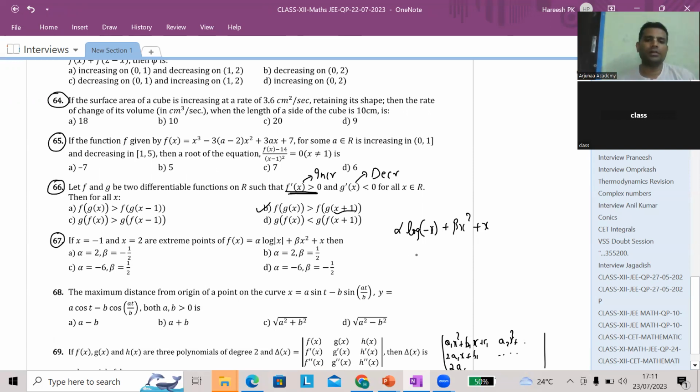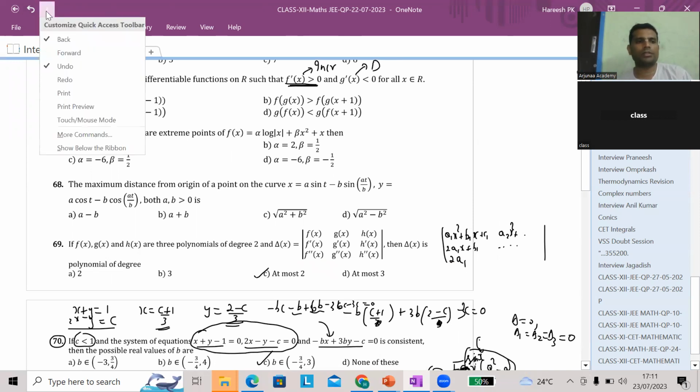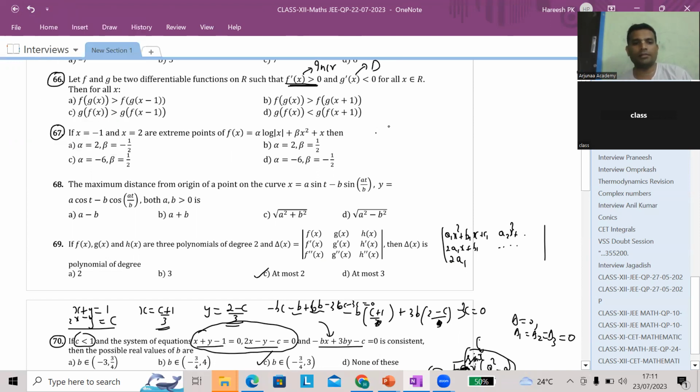So you don't have to worry about plus and minus. Directly you can differentiate. Extreme values means where the derivative is becoming 0.